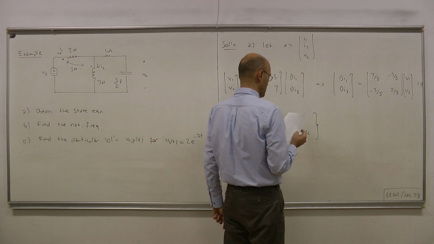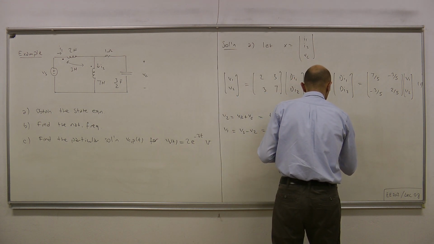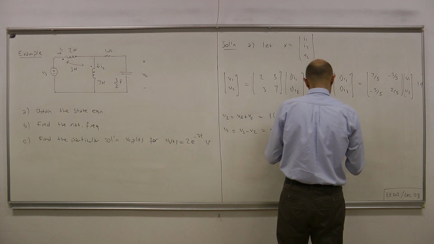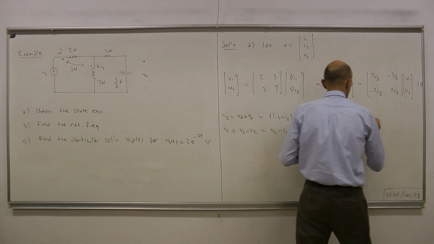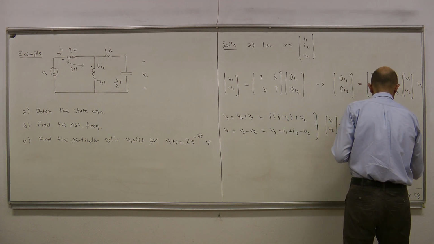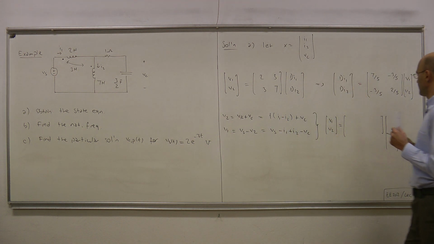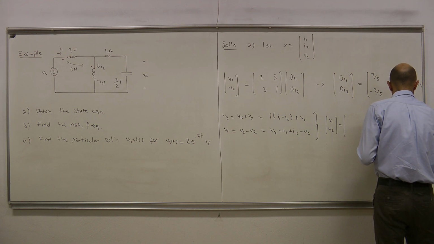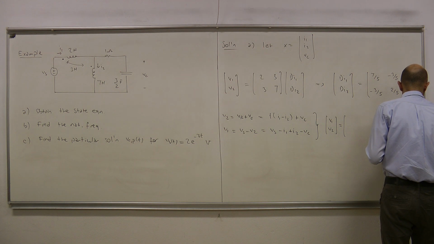Now let's put this into the following form: V1, V2 equals something times the state variables I1, I2, Vc plus something times the input.